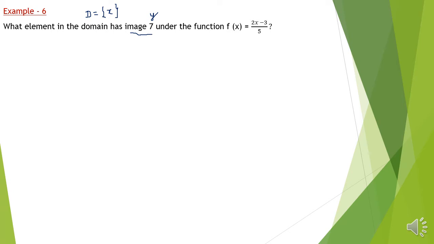has image y under this function? The question is pretty clear. Element in the domain set means it's x. We have to find x, and image is 7, which means y is 7. So y is equal to f(x) is equal to (3x - 2)/5 is our function, and there is a reminder table as always.